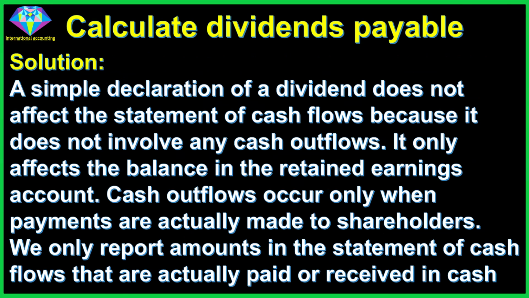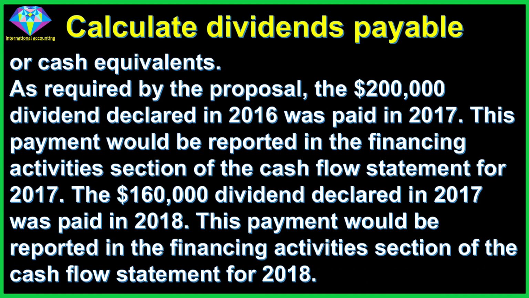Solution. A simple declaration of a dividend does not affect the statement of cash flows because it does not involve any cash outflows. It only affects the balance in the retained earnings account. Cash outflows occur only when payments are actually made to shareholders. We only report amounts in the statement of cash flows that are actually paid or received in cash or cash equivalents.